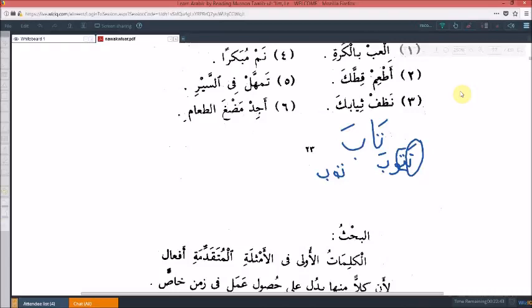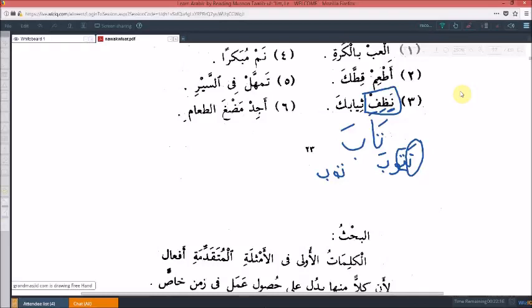So for instance, we have nadafa or nunadhif. This noon is a harf al-mudari, one of the ahruf al-mudari'ah. However, here, this noon is part of the three-letter root.